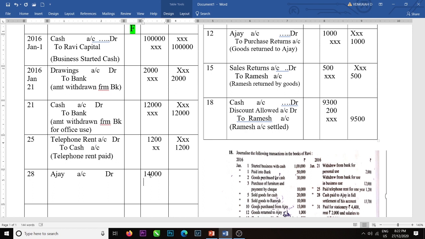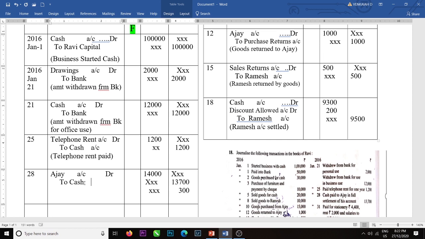We paid cash. So the cash amount is 13,700 and 300 is discount. Discount we gained out of 14,000. Our liability is only 13,700. That's why we gained an amount of 300. All gains are credited.